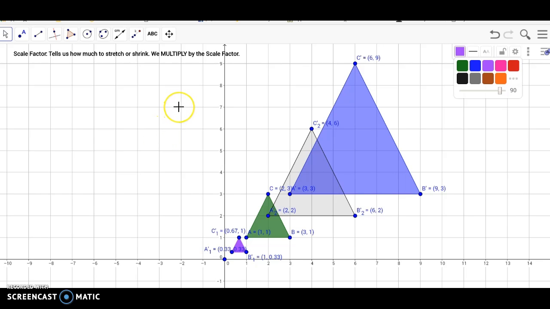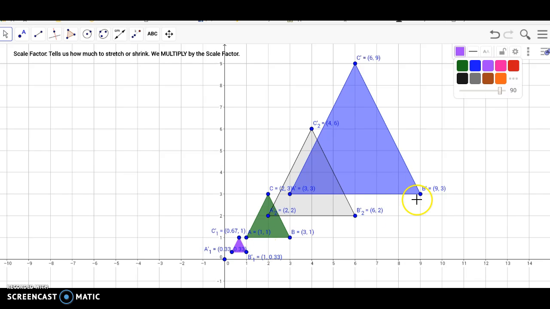You're going to have to answer some questions from the Google Doc that have to do with the coordinates. One more thing we want to do, I just remembered. I want to talk to you about the sides. This bottom side here, when we started with the pre-image, it is 2 units long. When I look at the figure that I dilated by a scale factor of 3, look how long it is. 1, 2, 3, 4, 5, 6 units long.